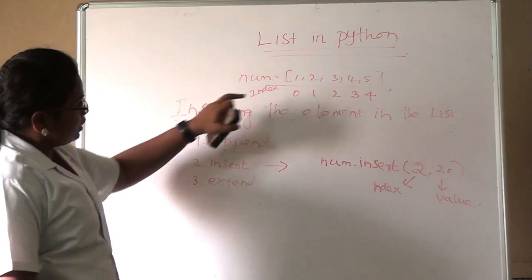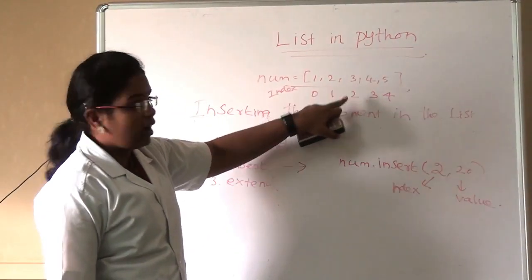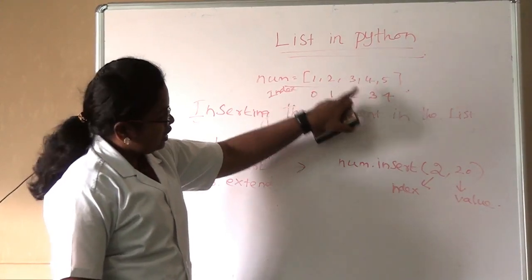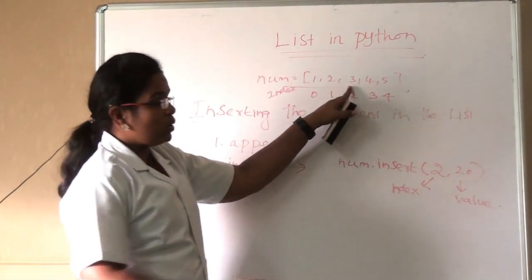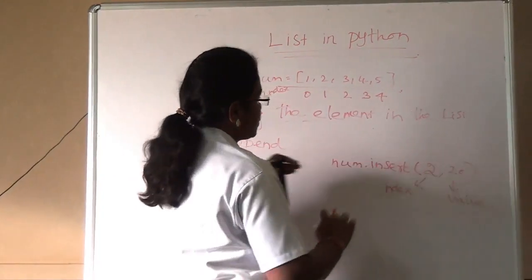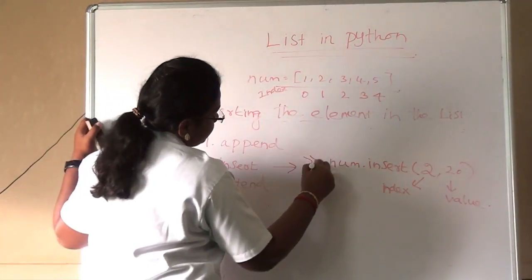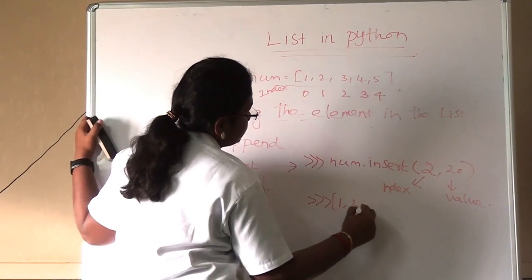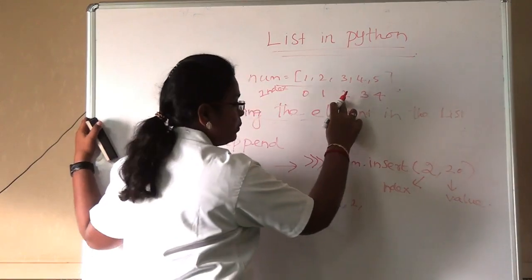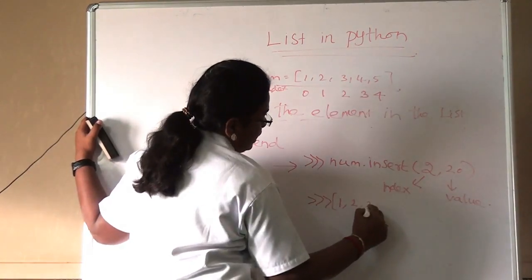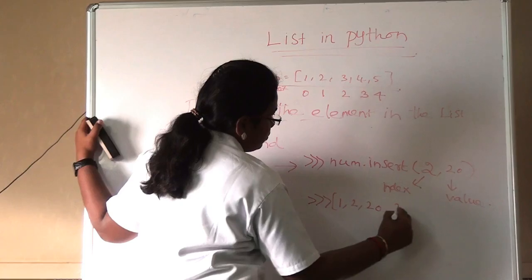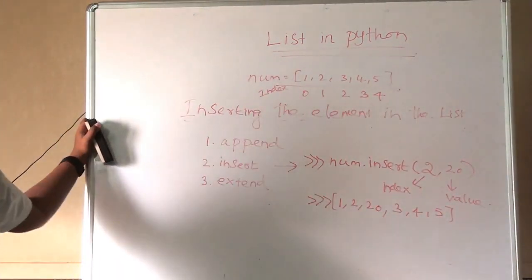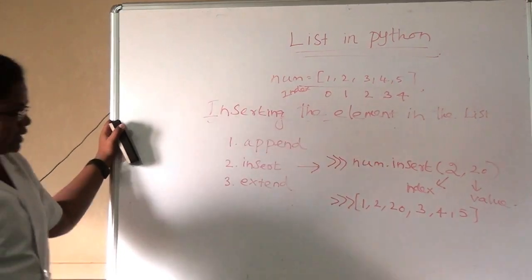For example, at index 2, I am having the value 3. Instead of 3, 20 will get placed. So other elements will move on to the next position. So the answer is 1, 2, then in the second place 20 will get placed, and then 3, 4, 5. Okay, this is the second type of inserting.